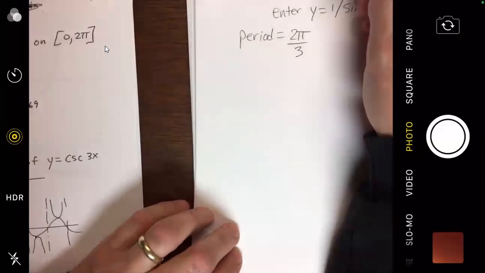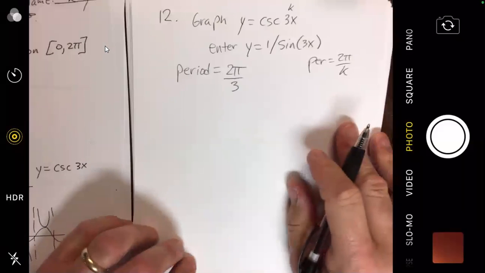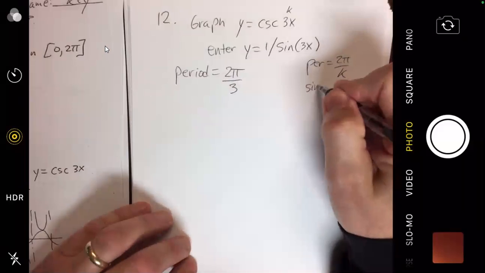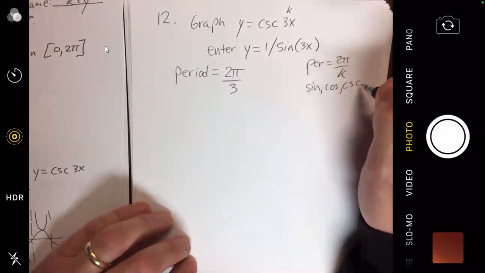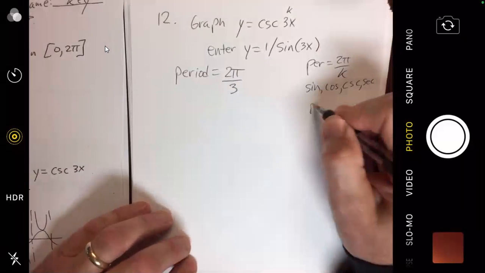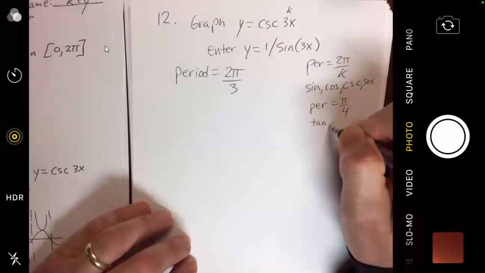Remember this, we call this the k value, period 2 pi over k. I don't know if I need to remind you, that worked for cosine, cosecant, and secant. The period is pi over k on tangent and cotangent.